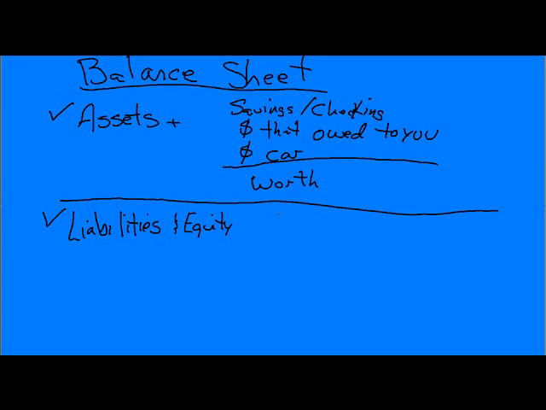Now your liabilities are obviously the exact opposite of that. So your liabilities would be your accounts payable, or dollars that you owe to somebody else. Whoops, sorry about that. My pen's not working real well all of a sudden. Anyway, that is dollars that you owe other people. That is a liability. In other words, dollars that you may have in the bank, but you're going to be paying out.